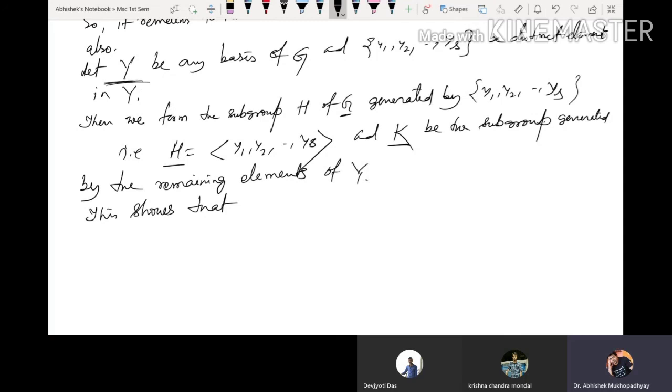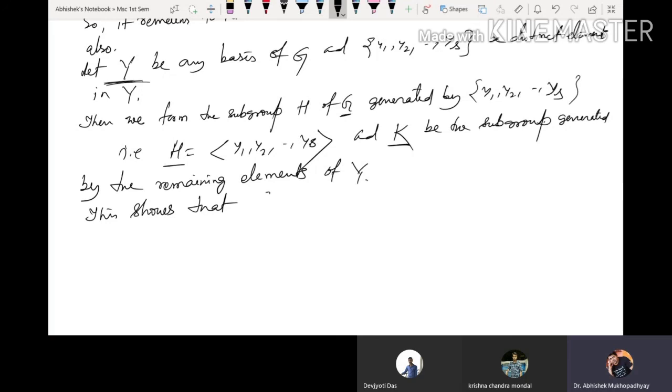Okay. So this shows that, and also H intersection K is the singleton set containing the identity.